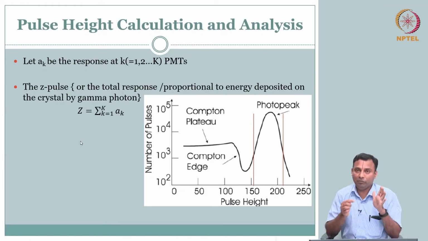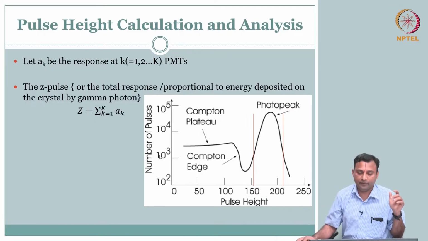But before we go to the XY logic and say where it is, one more understanding of what this Z is. If you do this for every scintillation, you get a Z. If you collect this during data collection and then plot it, what happens? You have pulse height.